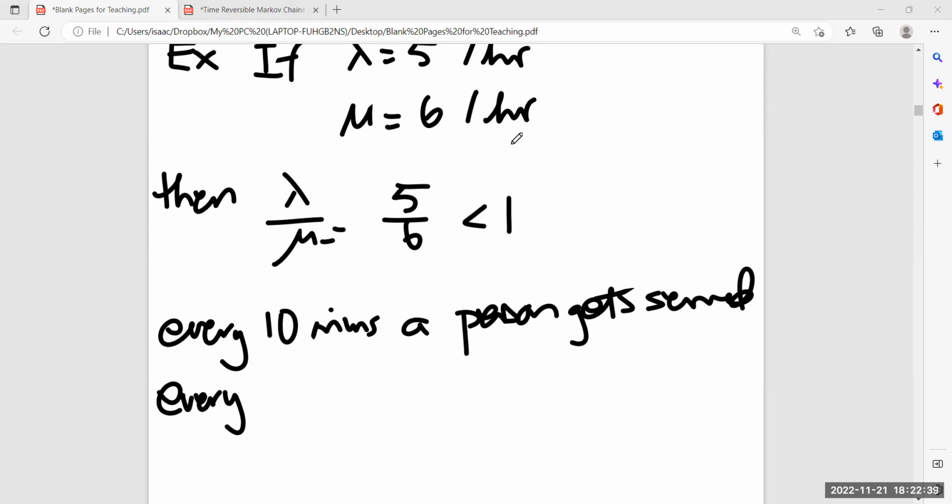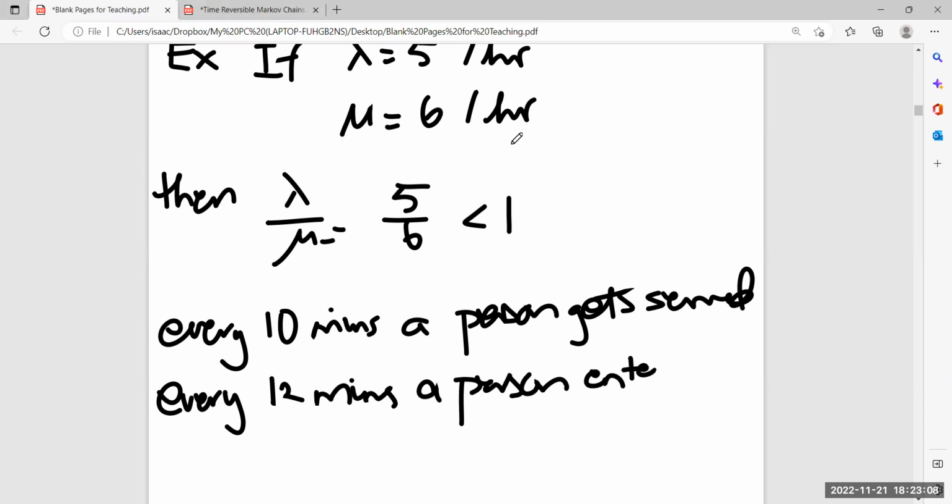Mu is equal to 6, lambda over mu is 5 over 6. This is correct, right? Sorry, I'm putting the second one first. So every 12 minutes, a person arrives in the system, and every 10 minutes, a person gets served.